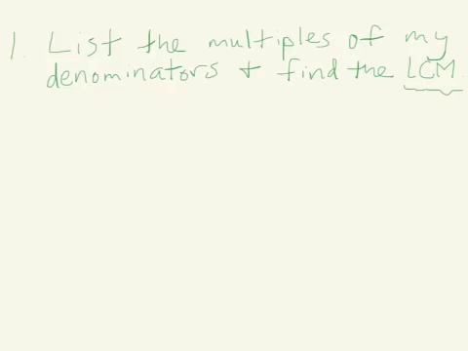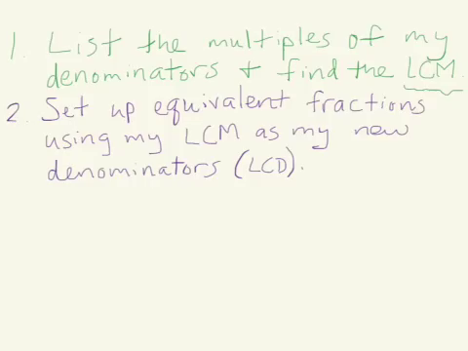First, and write this down in your how-to books. First, list the multiples of my denominators and find the least common multiple. Second, set up equivalent fractions using my least common multiple as my new denominators, or my new least common denominators, or lowest common denominators.